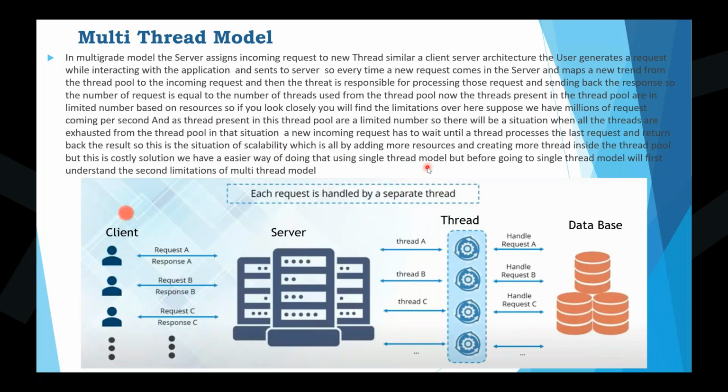Can you please explain multi-thread again? Okay, sure. Now let us assume that you are booking a cab request. The request will go to the Uber server, and the Uber server will connect to the DB. That is one request, and another person has sent a request. The server has a limitation on threads.